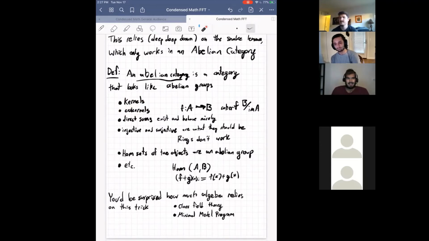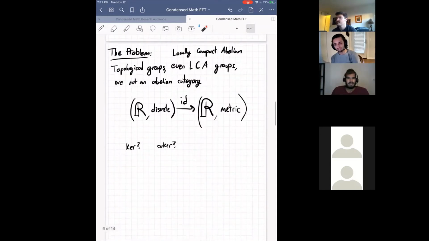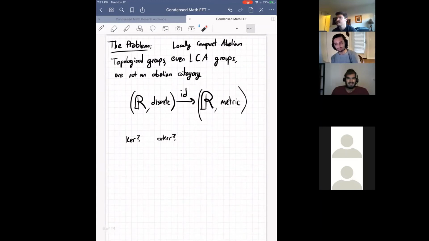We do have some things like Hom sets will be abelian groups, but if we don't have nice kernels of maps, then we just can't have an abelian category. And so I think for years and years and years, people thought that doing algebra in a context like locally compact abelian groups just wouldn't be very successful.